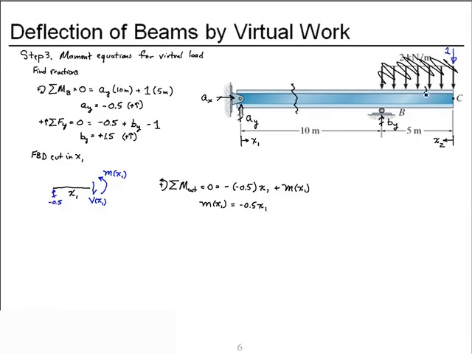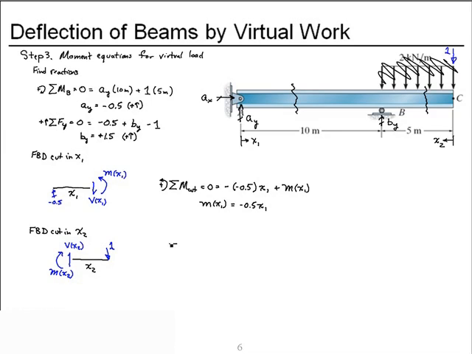Now I can cut it between B and C, which is in the range of x2. I will keep the right piece this time, since it has a length of x2. We have the applied virtual load, unknown shear as a function of x2, and the unknown moment as a function of x2.